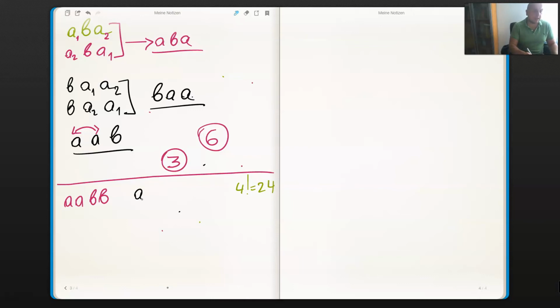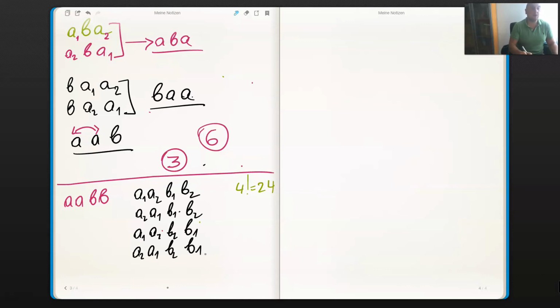So let's see, A1, A2, B1, B2. This is what we start with. Then if we had A2, A1, B1, B2, we wouldn't be able to see that. We wouldn't be able either to see this one, nor that one. So 4 outcomes that would be given, if they were distinguishable, are all together in this one.